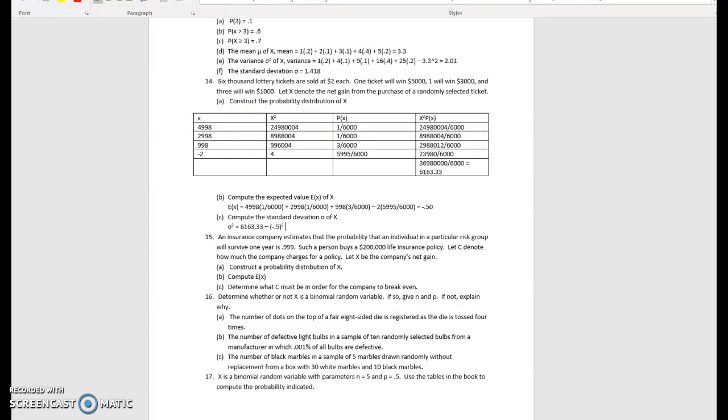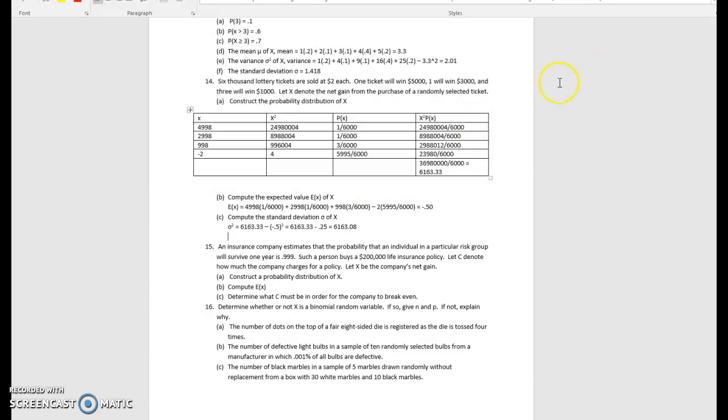Now, -0.5 squared is really 0.25, so we'll have 6163.33 minus 0.25, and that ends up giving us something about, when I put this into my calculator, it wasn't correct, so let me redo that calculation. That ends up being 6163.08.